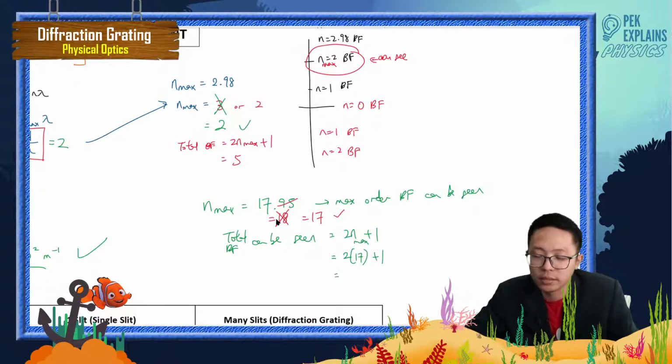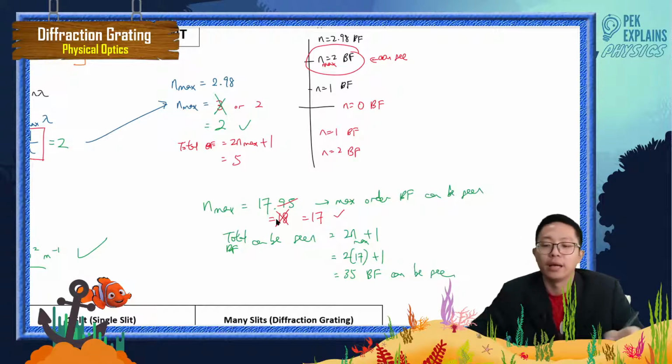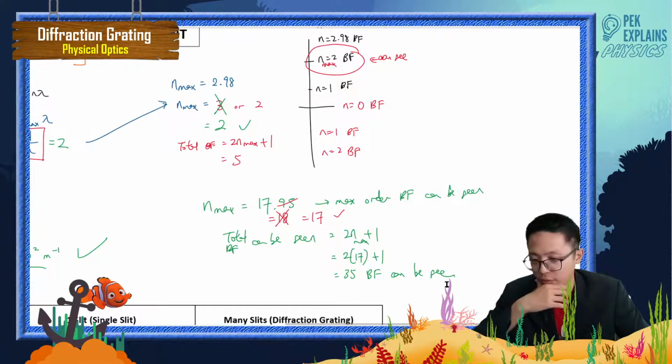So 34 plus 1 is 35 bright fringes can be seen. Top has 17, bottom has 17, central has 0 order. So 17 plus 17 is 34, 34 plus 1 is 35. You can see 35 bright fringes on the screen.